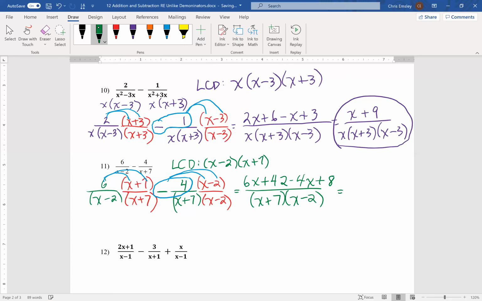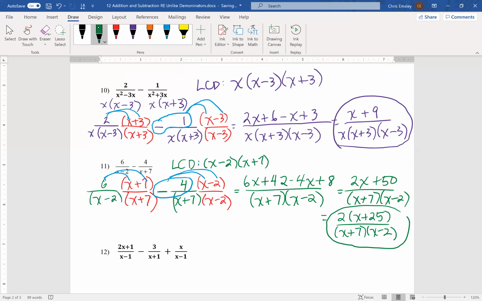Combine our like terms. 6x minus 4x is 2x, and 42 plus 8 is 50. And I'll go ahead and factor the top. We do have a GCF there. And there is our final answer on that one.